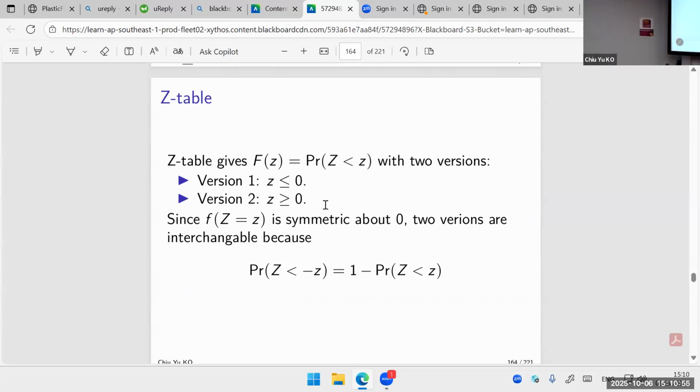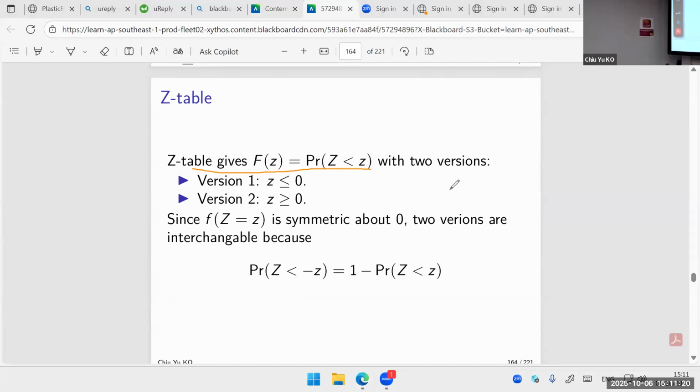Because when you do the assignment or you do the exam, you have to look at the table. We can actually use an Excel formula, but in the F table, usually they give you these two versions. It's the area on the left-hand side because they use the big F. You can either have two versions.